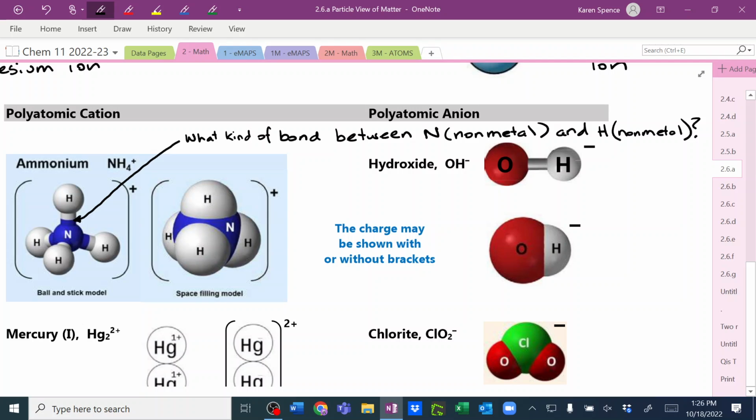That is a covalent bond. Always, when you have a nonmetal and a nonmetal, that's always going to be a covalent bond, which is kind of funny, right? Because it's a covalent bond inside an ion, and that ion is going to go and form an ionic bond with a different ion. Okay, so bonding is more complicated than we led you to believe in grade 8 and 9.